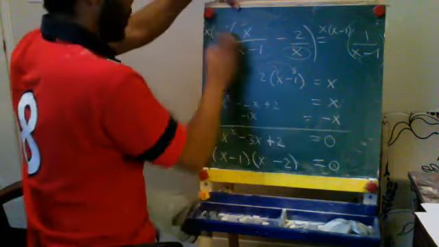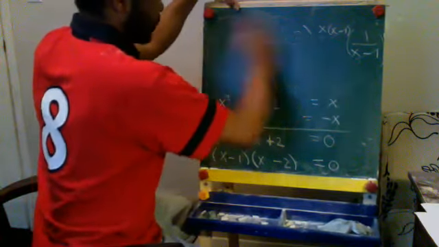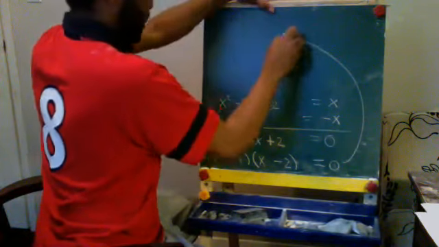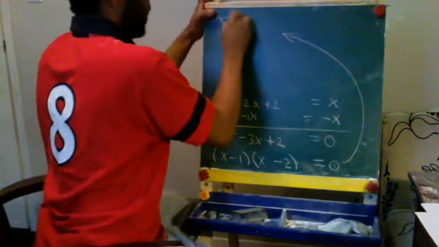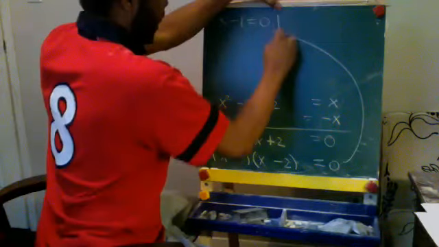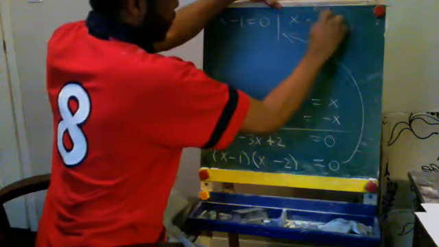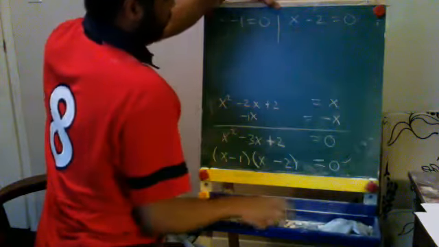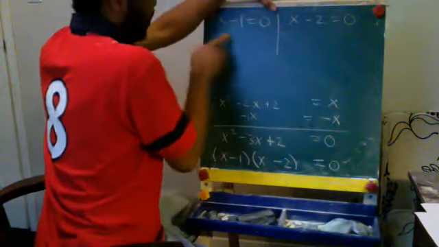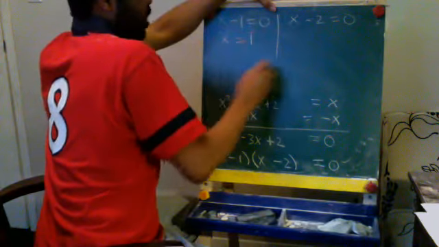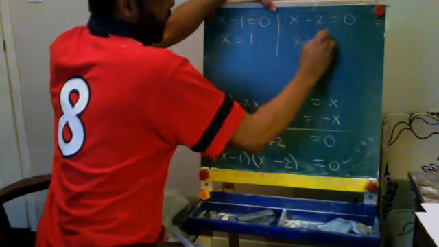So going up here now, this tells me that I have x minus 1 equals 0, and I also have x minus 2 equals 0. Those are my options, which means a candidate for x is 1, and a candidate for x is 2.